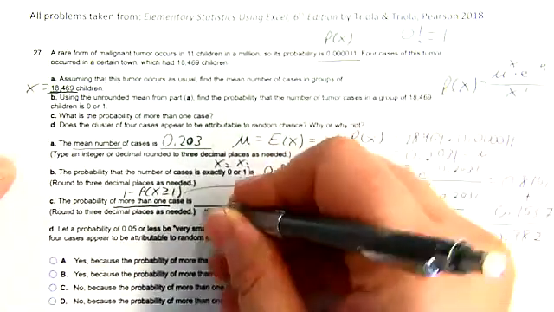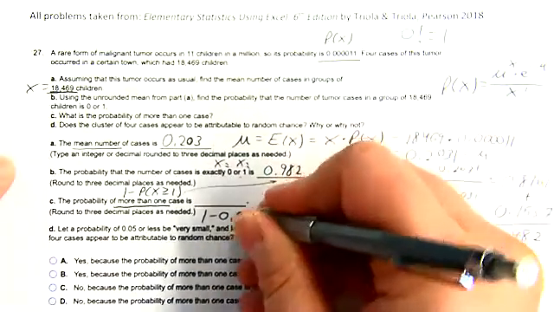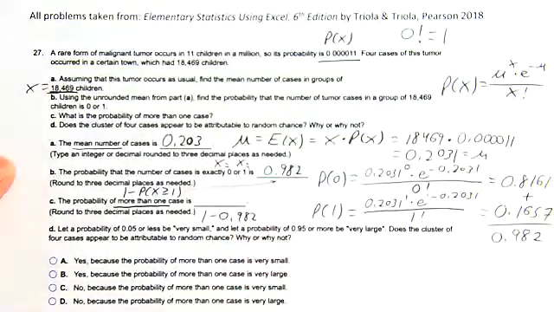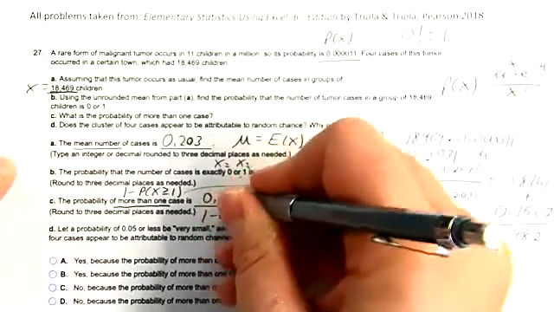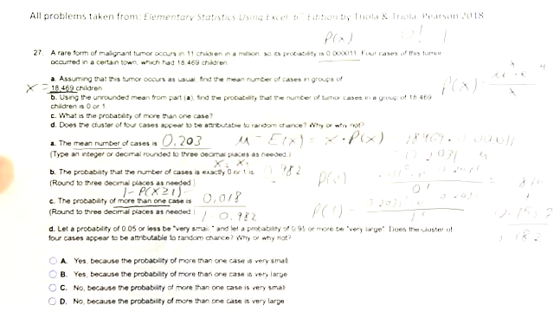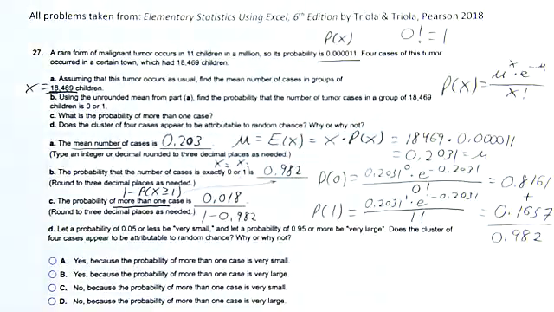So you just have to take 1 minus the previous answer. And if you do that, you'll get almost a 2% chance, 1.8% chance.